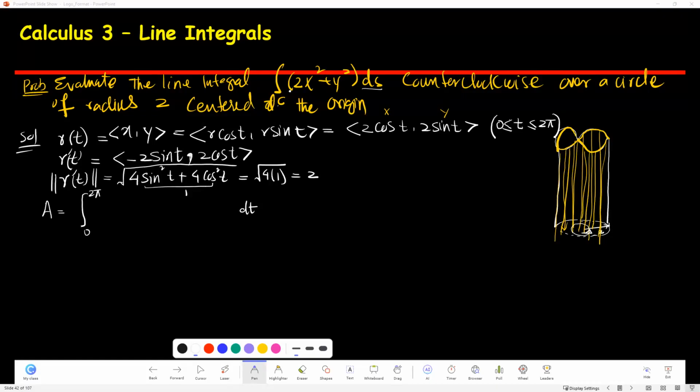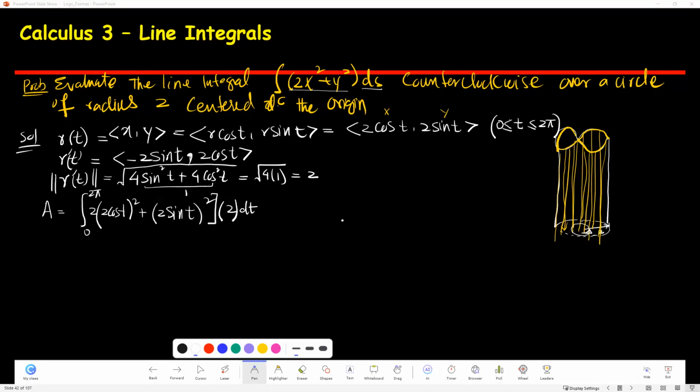I'm going to convert everything inside this integral into my parametric form. So it's going to be 2, then x is 2 cos t squared, then plus 2 sine t squared. Then close this, and I want this with dt, because that's my r'(t).